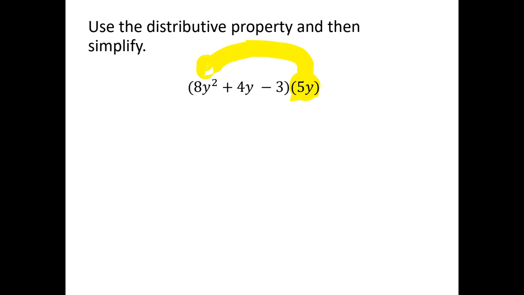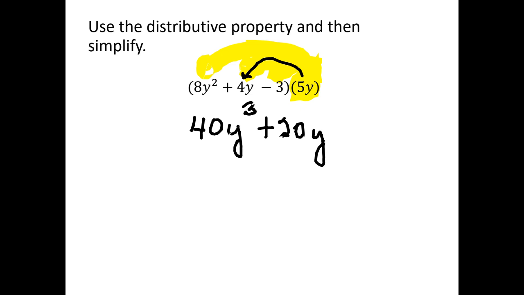It is going to multiply each term here, which means we have 5 times 8 is 40y cubed, plus 5 times 4 is 20y squared, minus 3 times 5 is 15y, and it's already in descending order.